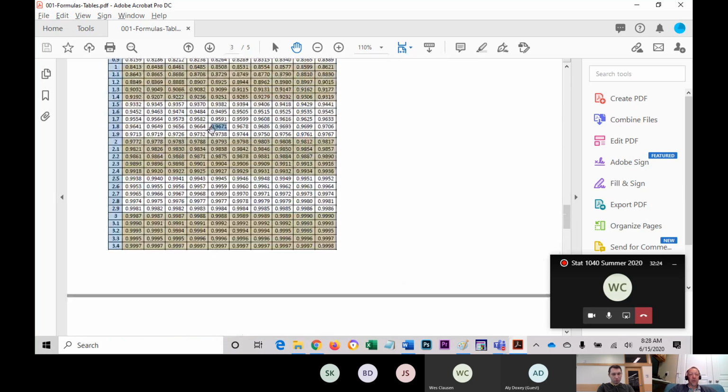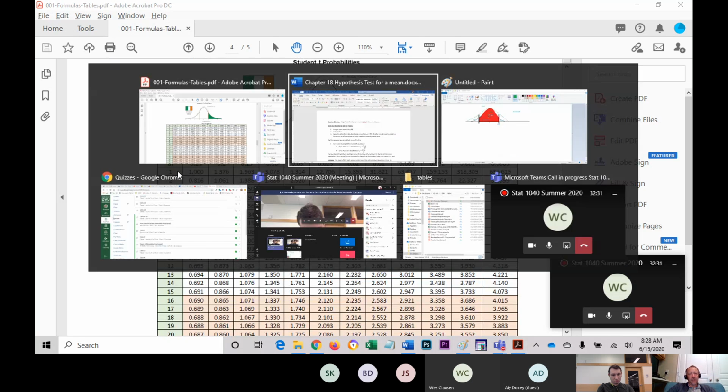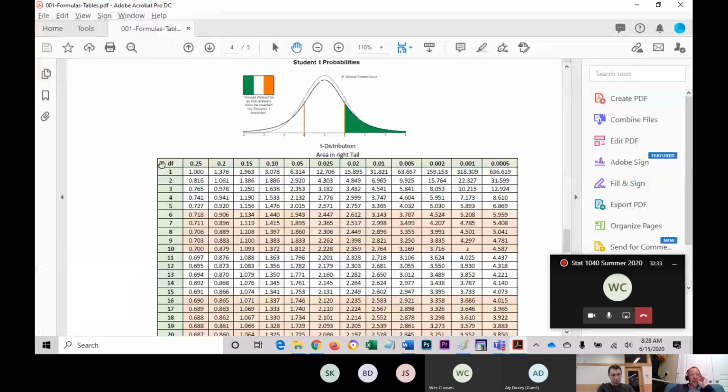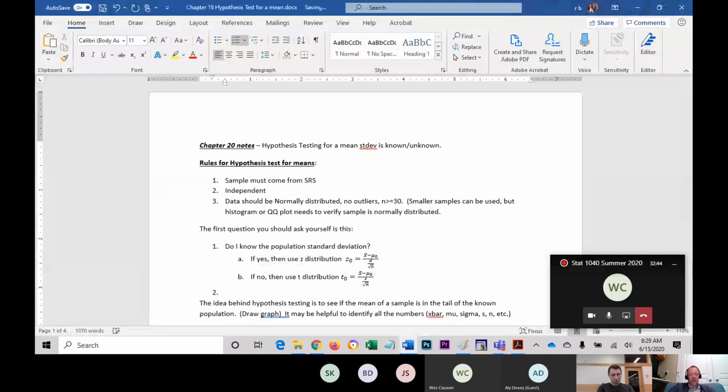So for one thing, you're not going to get exact values. And another thing about the t distribution is you're going to have something called degrees of freedom. I've abbreviated it DF here. Degrees of freedom equals n, your sample size, minus 1.